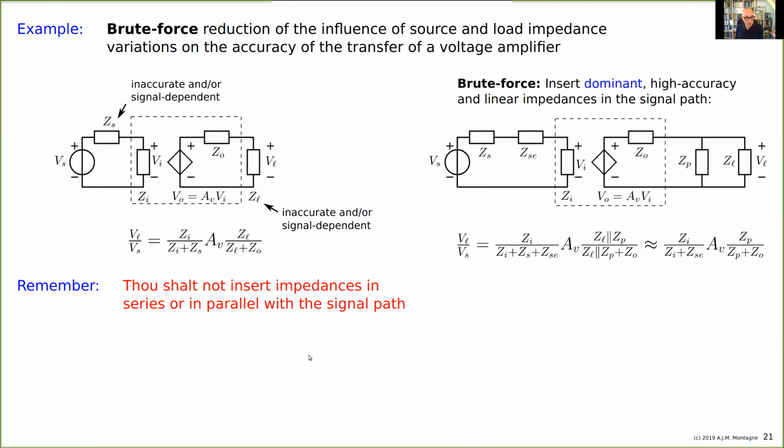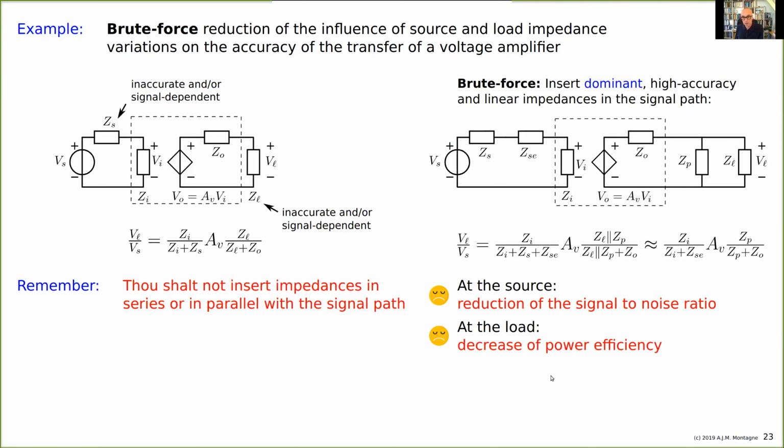So remember, this is the rule: no impedances in series or in parallel with the signal path. At the source, they give a reduction of the signal to noise ratio, and at the load, they decrease the power efficiency. And of course, the source to load transfer has an attenuation if you do so.